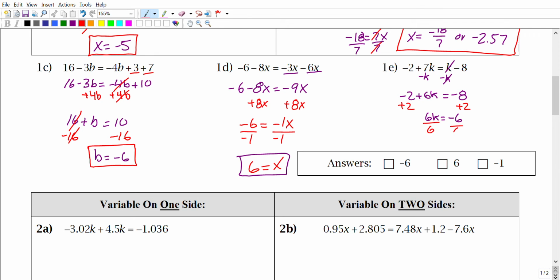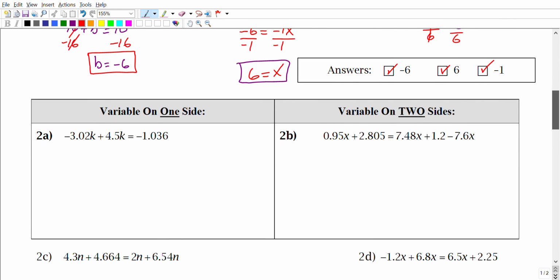Last thing I do, divide by 6, and I get k equals negative 1. All right. Actually, if we notice, we now have all the answers for our little answer box here. So we had a negative 6, we had a positive 6, and we got a negative 1. So we got all of our answers.